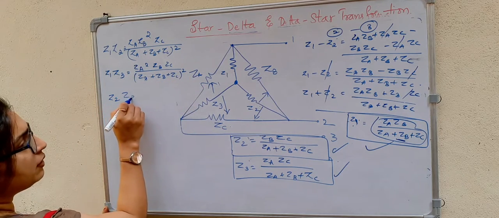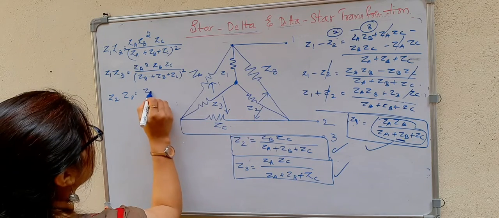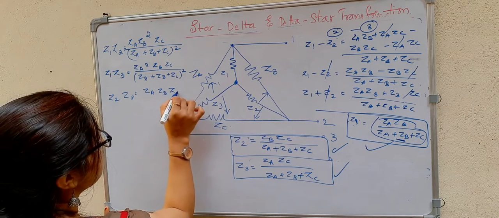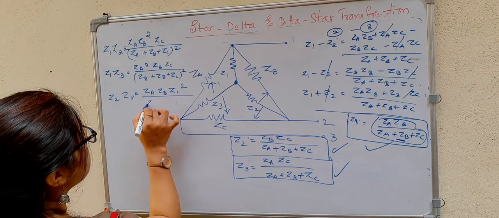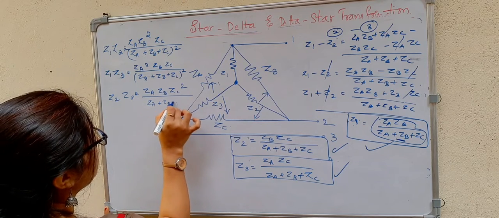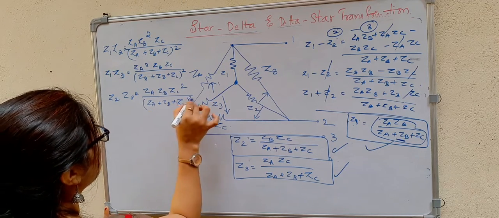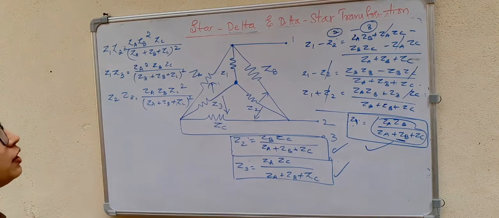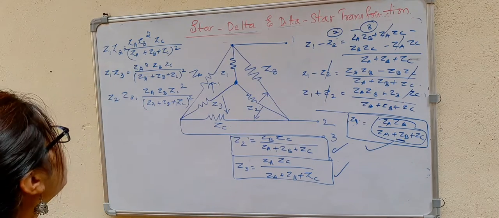Next is Z2Z3, which is ZA ZB ZC square divided by ZA plus ZB plus ZC whole square. So this is what we have got.